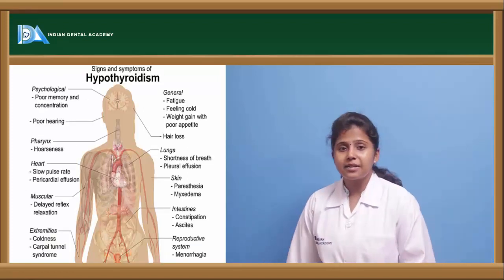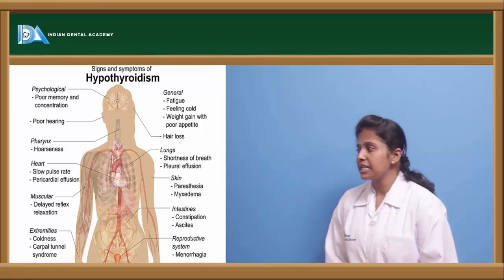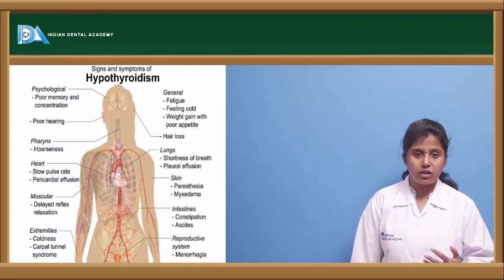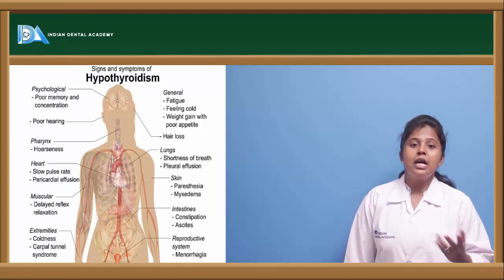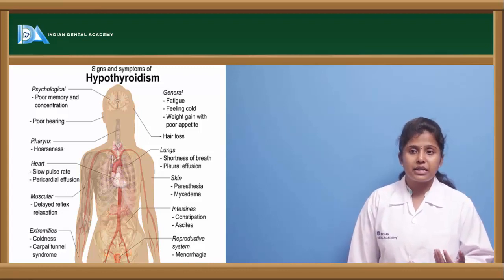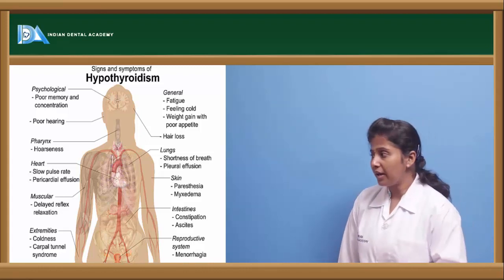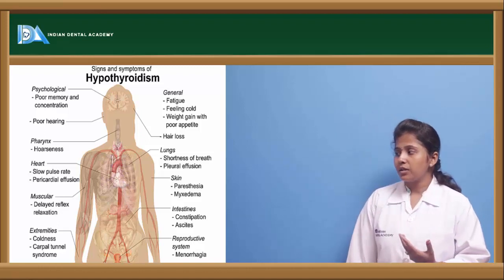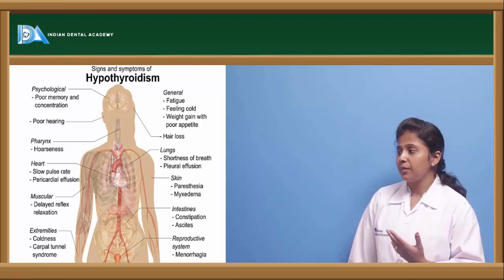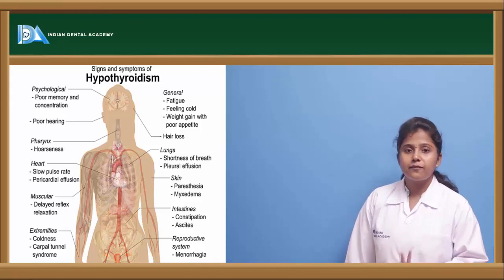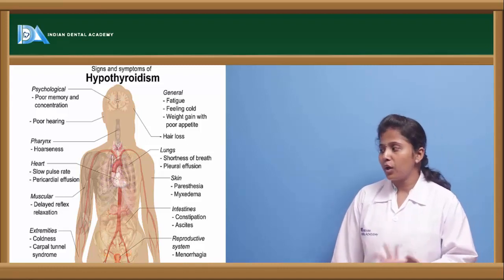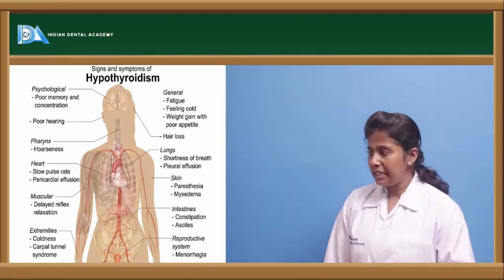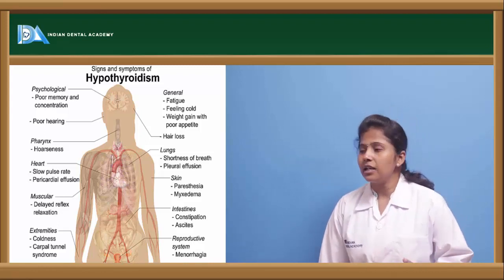Here are the signs and symptoms of hypothyroidism. It causes poor memory and concentration. There will be psychological changes. The person will have low memory power, and there will be hoarseness in the pharynx. There will be some sort of inflammation in the pharynx. There will be poor hearing. There will be a slow pulse rate and pericardial effusion.